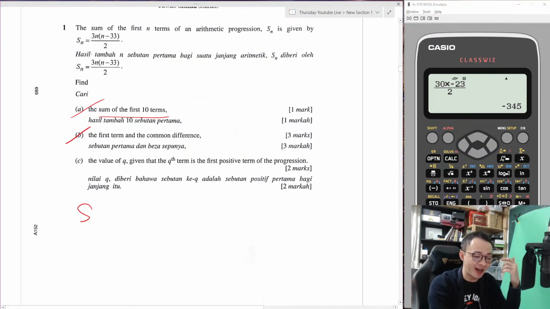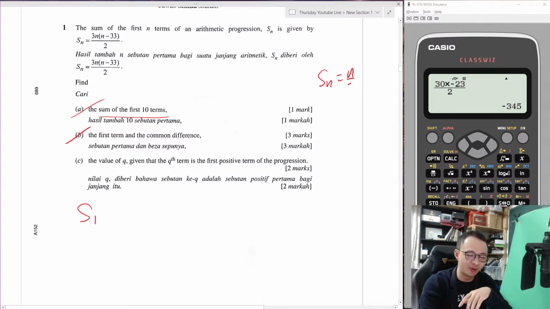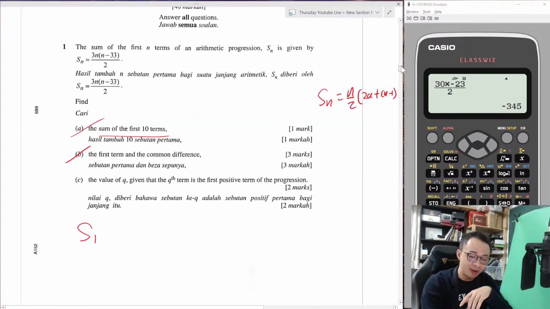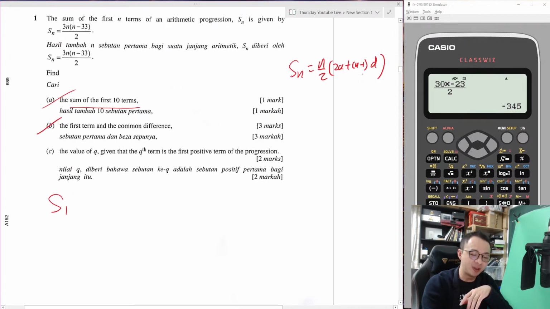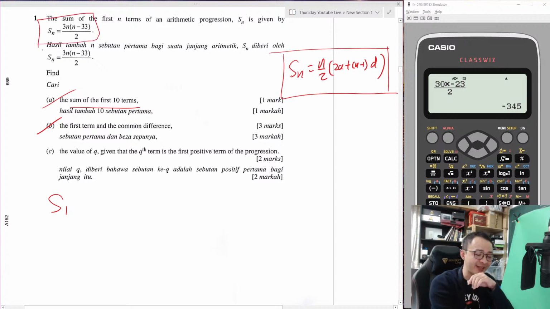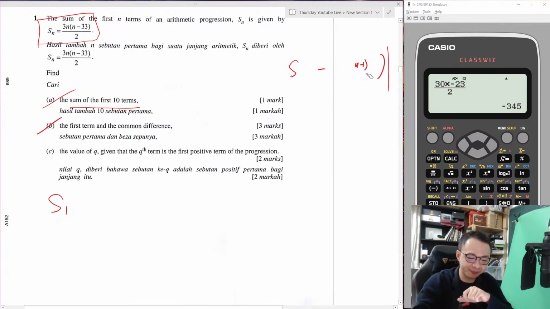Whenever you have Sn given, you cannot use your own Sn formula. I believe you know Sn equals n over 2, 2a plus n minus 1 d. But in this case, there is not enough information to use this formula. So whenever they give us the Sn, we just use the Sn formula given. We will not use our own Sn formula here.